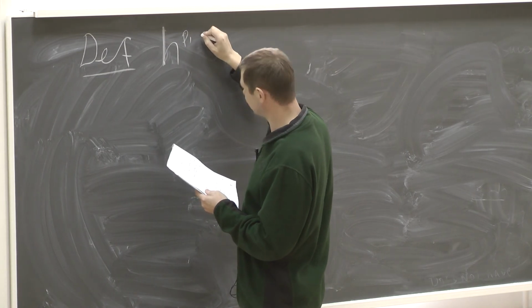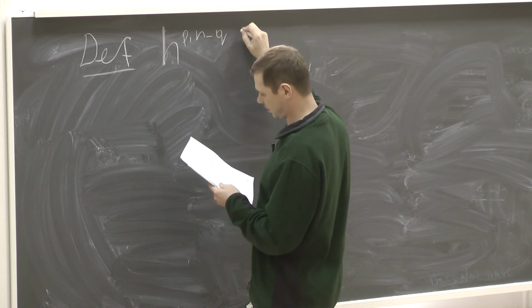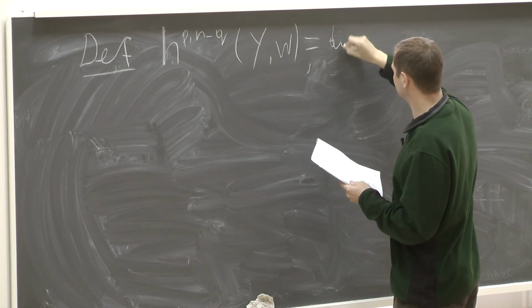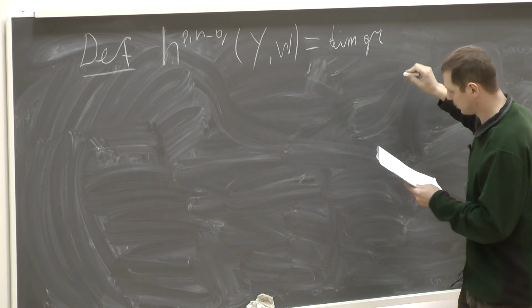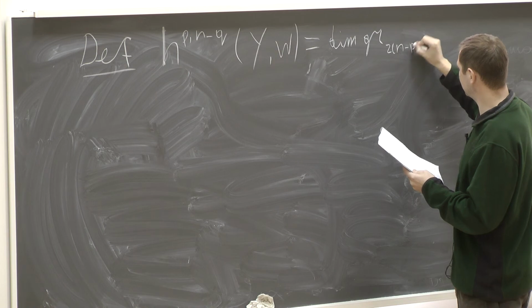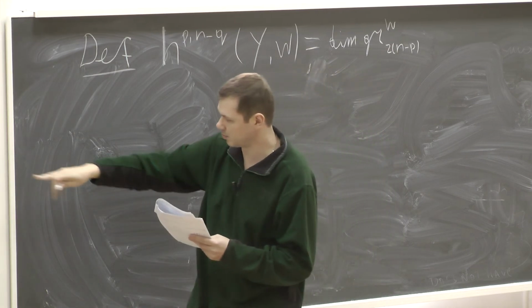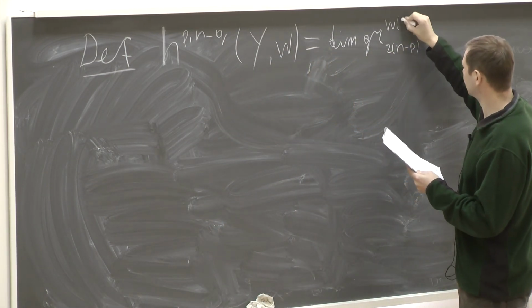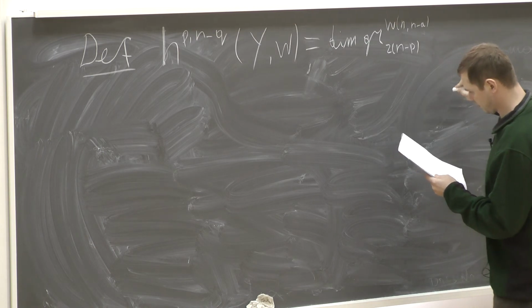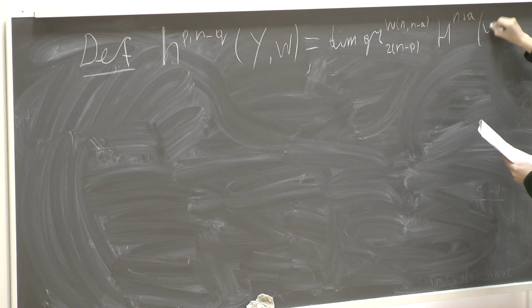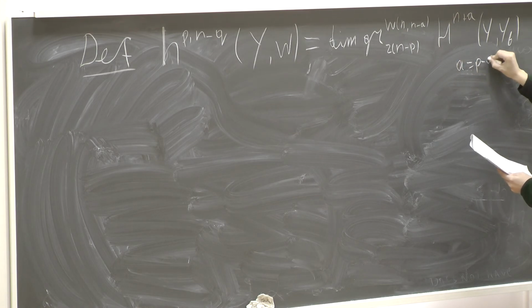It's a bit ugly definition, but as it is, it's the dimension of the graded component of degree 2n minus p of this filtration given by n minus a in the relative cohomology, if this a, which is p minus q, is greater or equal than 0.